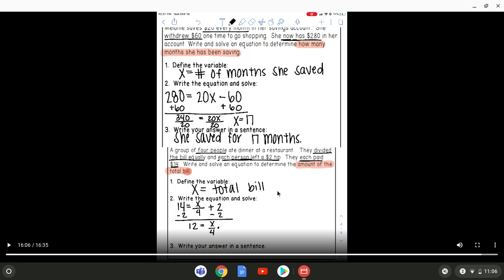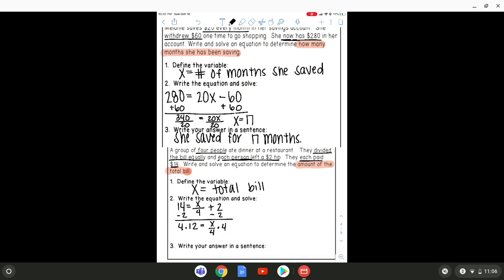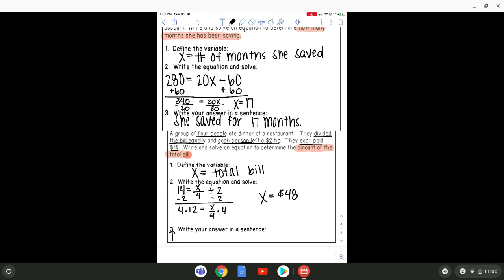So now we've gotten rid of the $2 tip, and we know that $12 is equal to 1/4 of the bill. Now we're going to multiply each side by 4. So instead of just 1/4 of the bill, we now have X, which is the total bill, and that's equal to $48. So the bill is equal to $48.